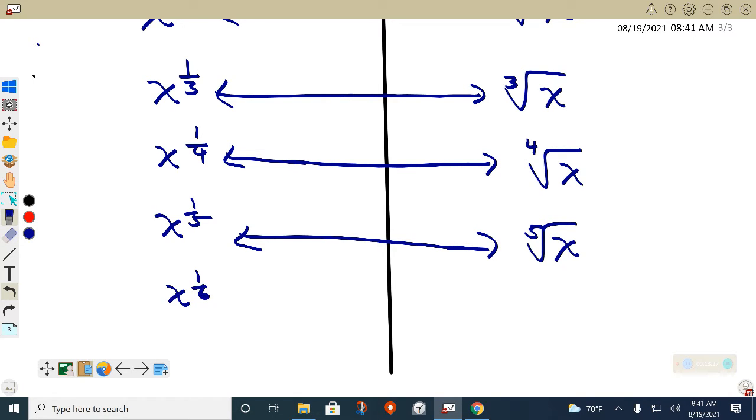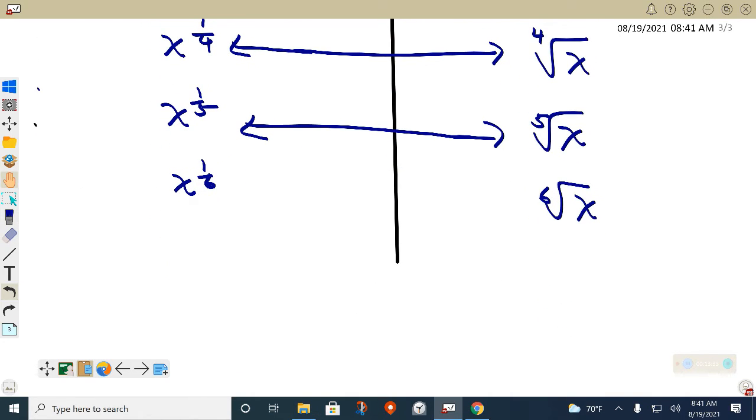X to the 1/6 is the 6th root of x. X to the 1/7 power is the 7th root of x. I'll just go up to 8. X to the 1/8 power is the 8th root of x.